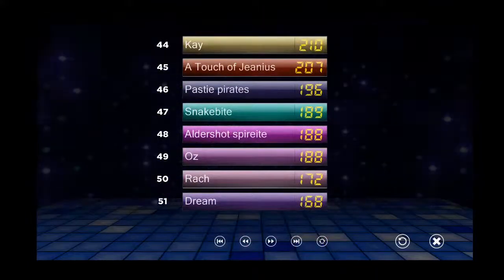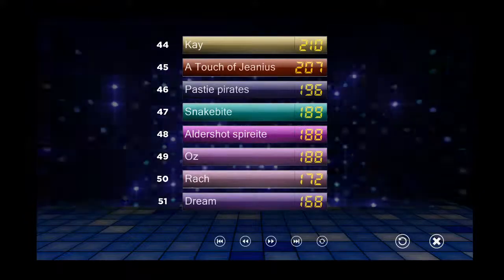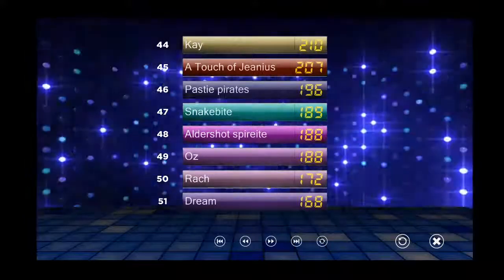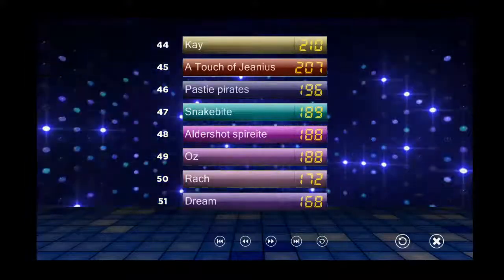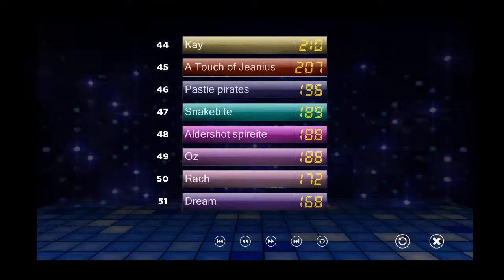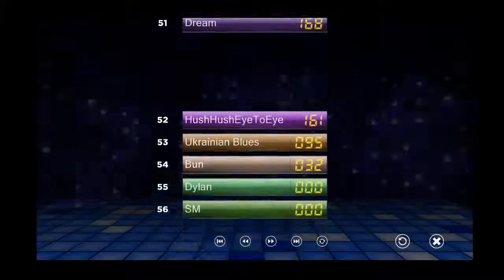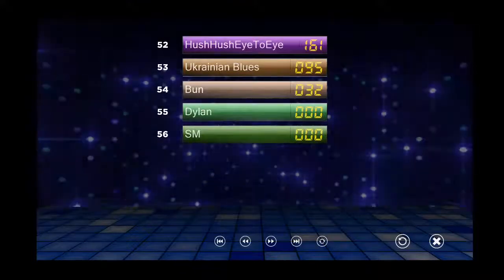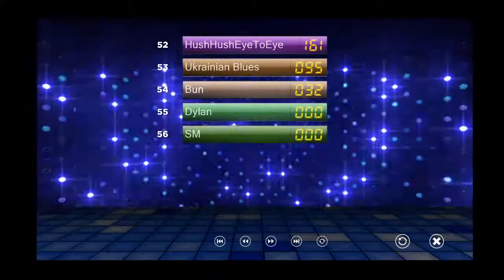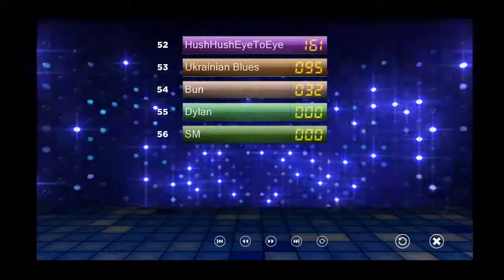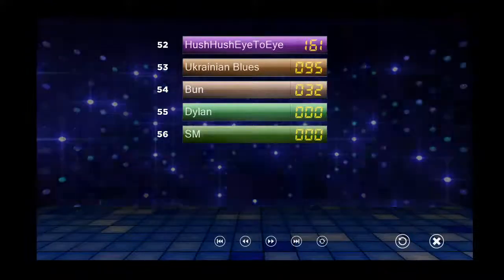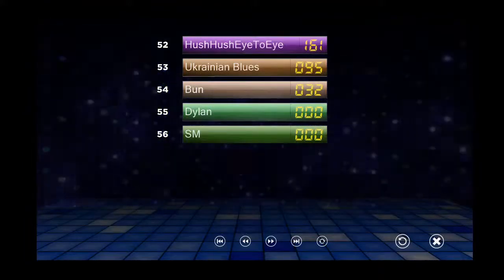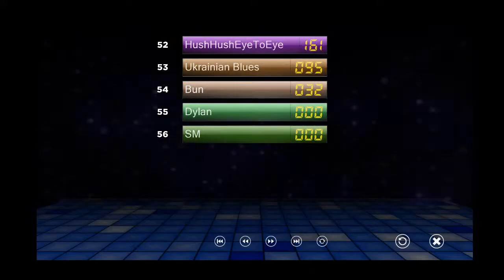And we have Kay, 44th. Towards the bottom, Rach, then Dream. Ukrainian Blues, great to see Ukrainian Blues taking part today. Hope you've enjoyed it. And then I'm guessing at the bottom we had connection issues with Dylan and SM.